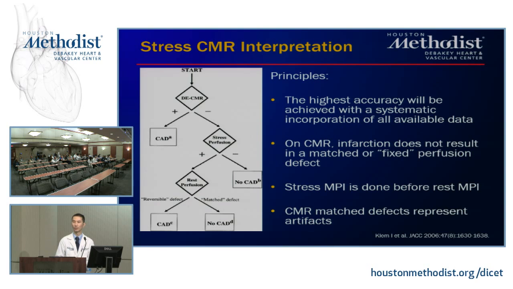It could be due to infiltrative disease, myocarditis, sarcoidosis, so pretty much a slew of other abnormalities. And I believe Dr. Shah is going to give a subsequent talk talking about delayed enhancement in more detail in one of the multimodality imaging presentations. And I hope that answers your question.